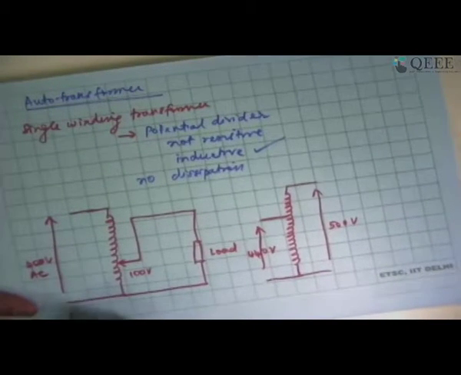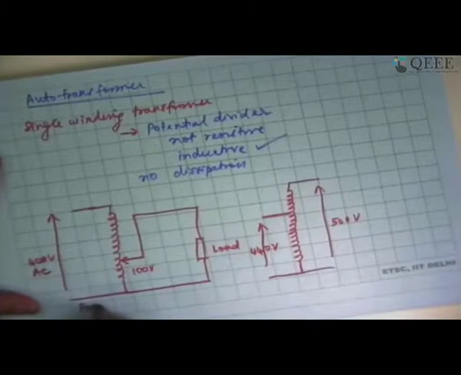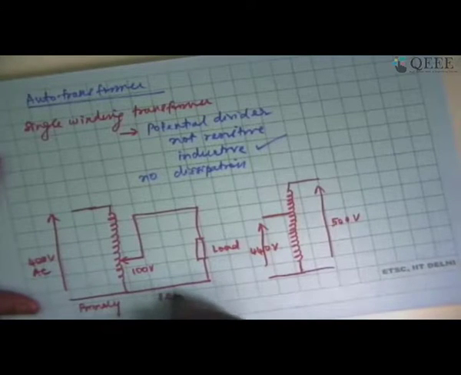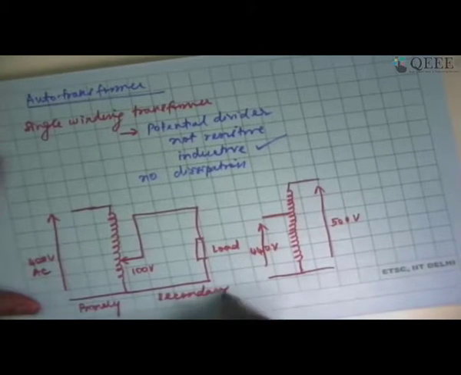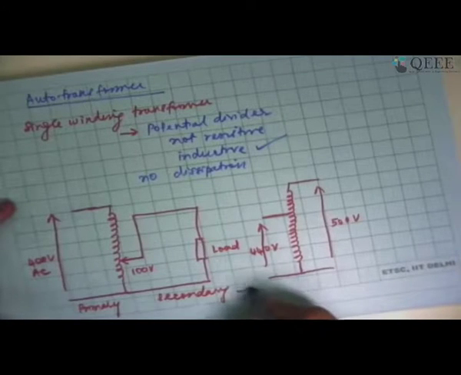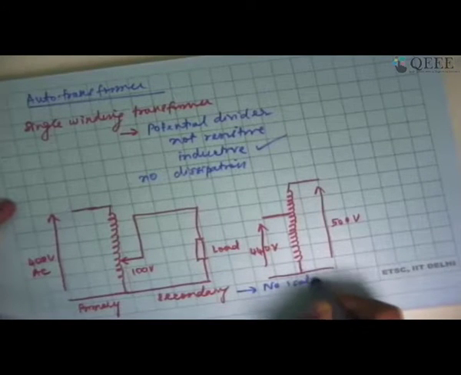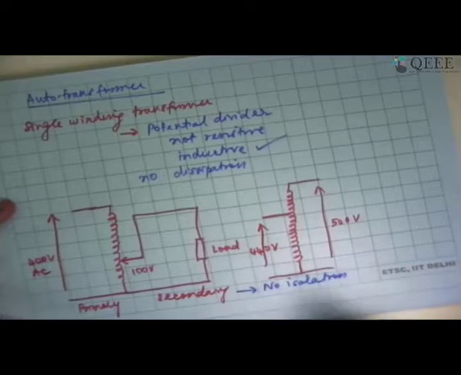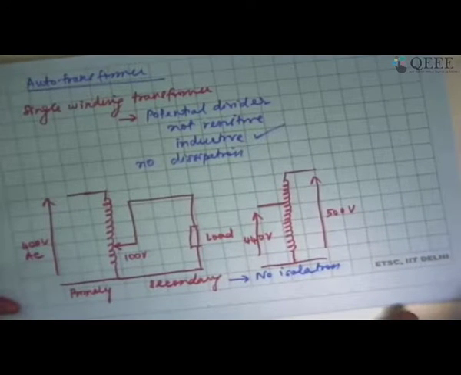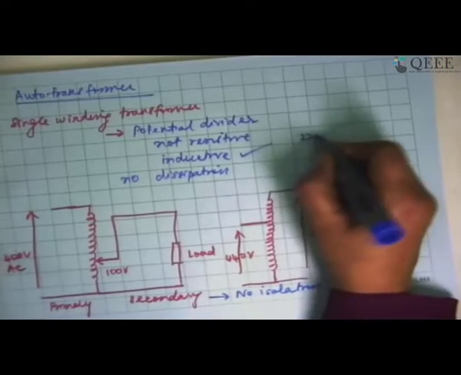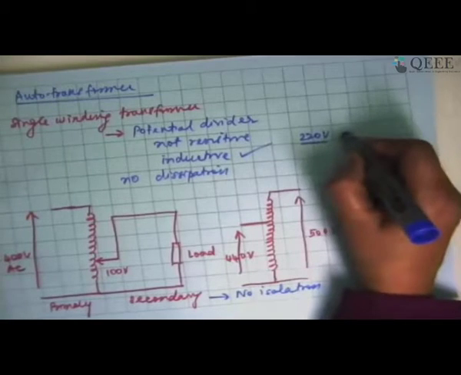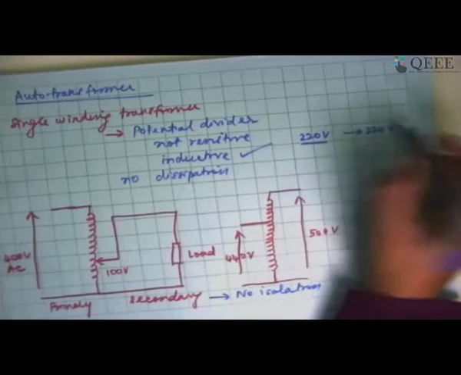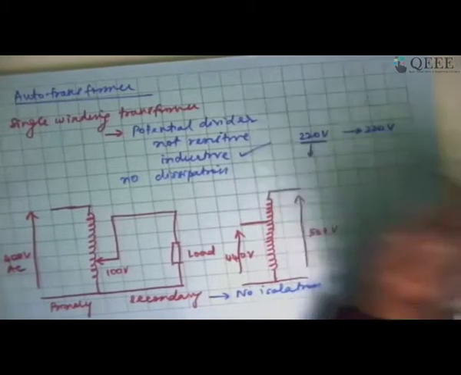Let us first look at the disadvantages. This is my primary side and this is my secondary side. There is no isolation between primary and secondary. This is one of the major problems of an auto transformer. But I'm supplying maybe 220 volts, and what I want is to get 220 volts all the time, even if there is fluctuation here.